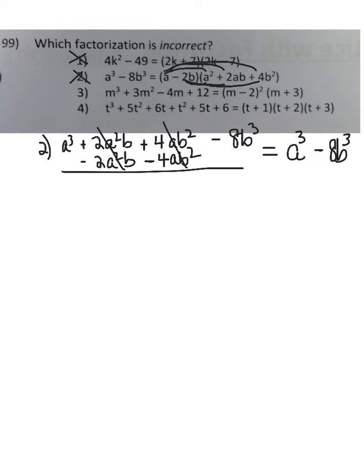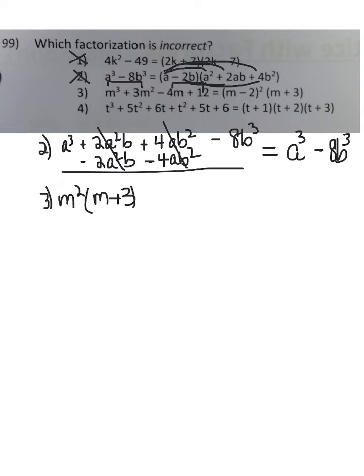Well, we can go about this a couple of ways. I think what I'm going to do is group these two terms here and group these two terms here, and factor that. So let me put that down here. When I group the first two terms, I can take out an m squared. When I take an m squared out of the m cubed, I have m left over. And when I take an m squared out of the 3m, that's dividing 3m squared by m squared, that just leaves me with plus 3.